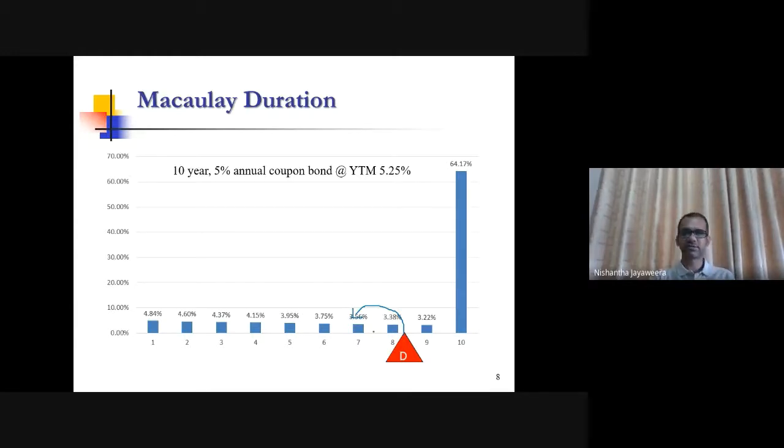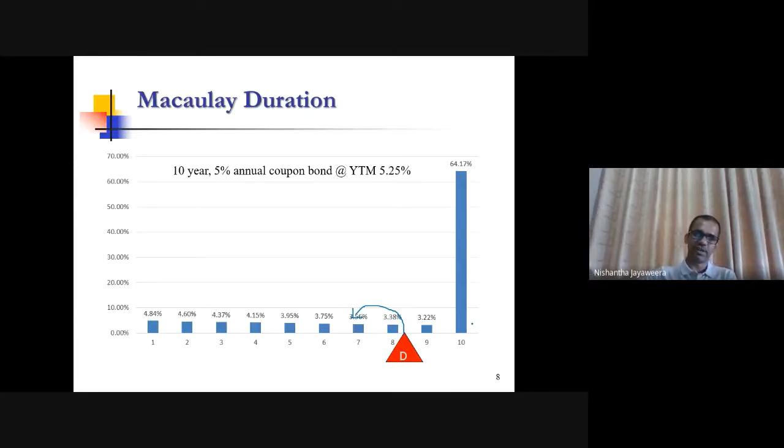But what would happen if we increase the maturity? This cash flow would fall far into the right.